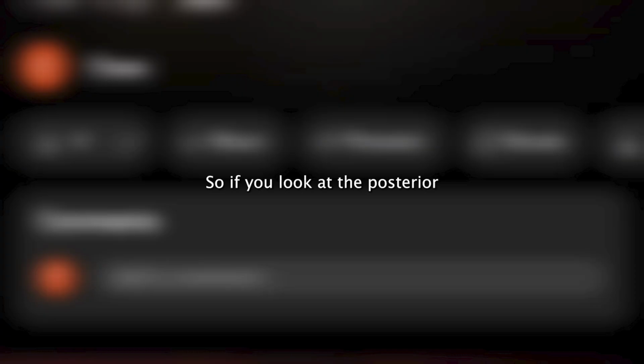So if you look at the posterior aspect of the pectoral area, this is the spine of the scapula here. And above it, remember there are two fossas here?